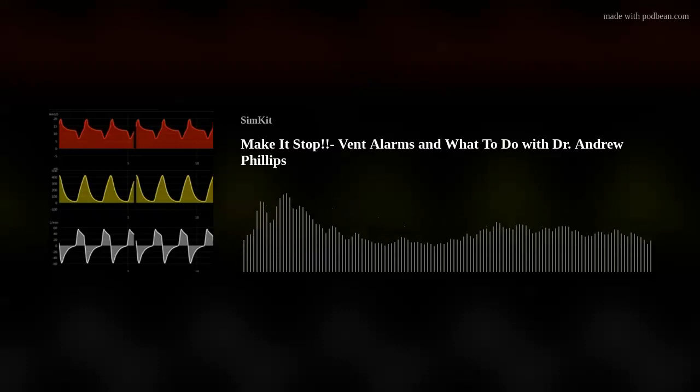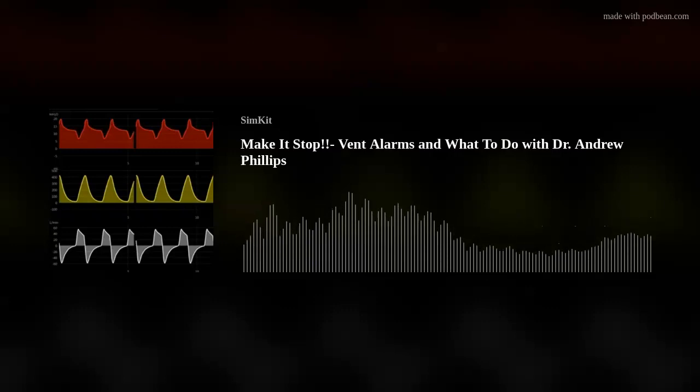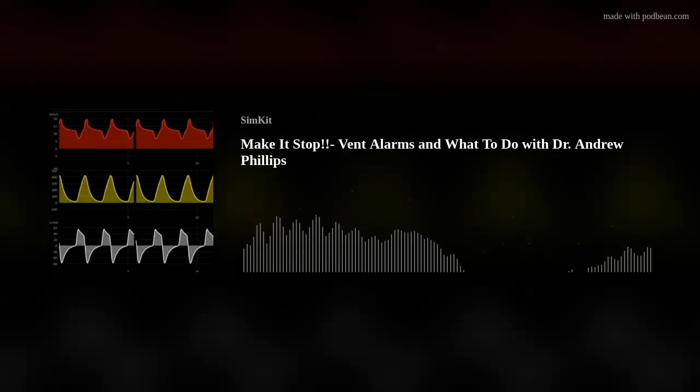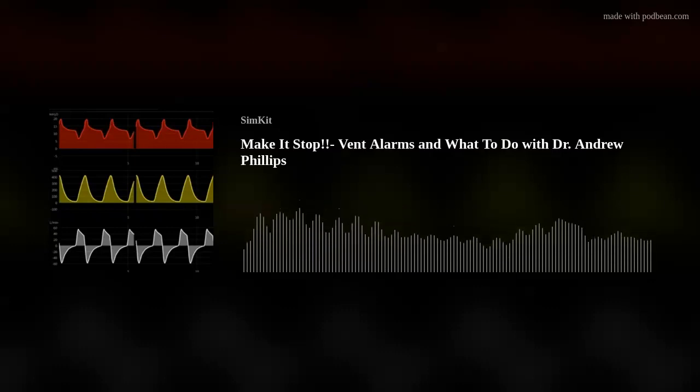So the increased resistance category includes things like the circuit blockage, a kink, including something in the ET tube, the patient biting down on it, a mucus plug, a blood clot in the bronchus or the bronchiole, or bronchospasm, like in the asthmatic example we had. That's a high peak pressure, normal plateau. The alarm's just going off doing its thing for something that's not necessarily in and of itself a problem, but you have to address so that you get your full tidal volume.